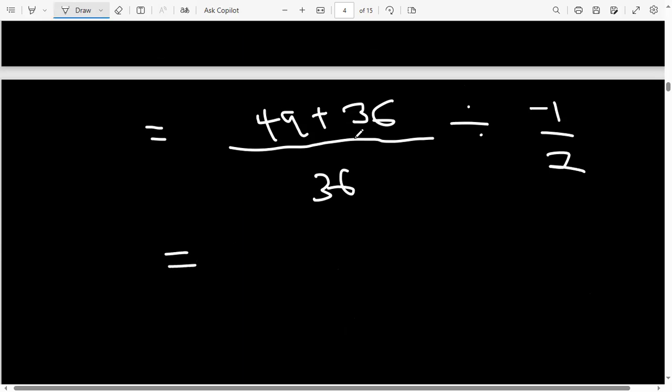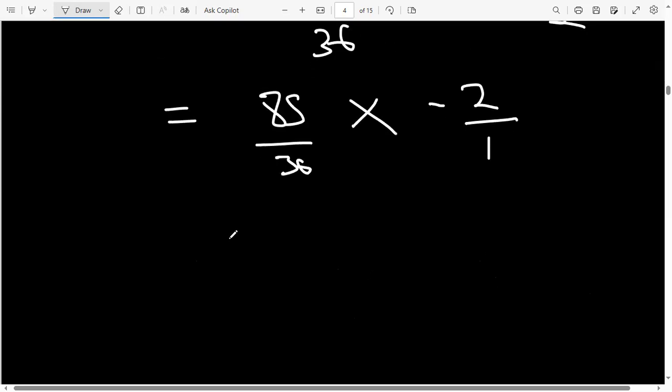What is 49 plus 36? Okay, so 49 plus 36 is going to give you 85 divided by 36. And then here, this one changes to multiplication, and then we have minus 2/1. Okay, and then from here, we can do 2 into 2, 1. 2 into 36, we have 18.